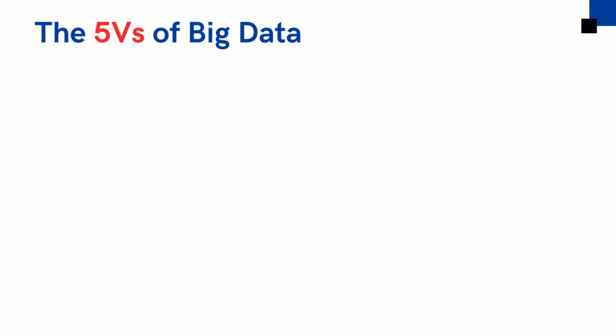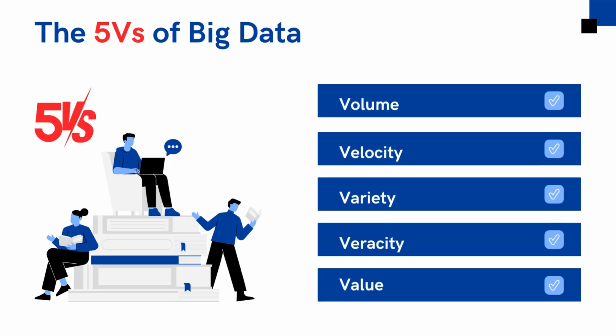The characteristics of big data are often summarized by the following: volume, the sheer amount of data generated every second; velocity, the speed at which data is generated and moves around; variety, the different types of data, structured, unstructured, semi structured, and so on, from various sources; and veracity, the quality and accuracy of data.